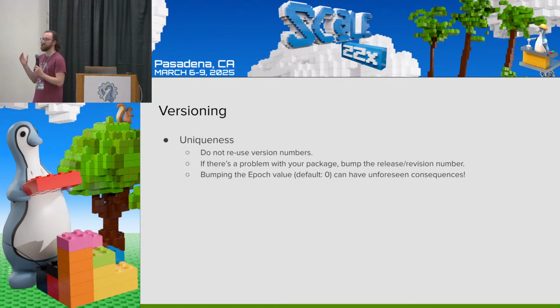Again, if you're packaging software that's outside of the software you're actually developing, just bump the release version. Start from 1, go to 2, etc. Now, there's another thing you can bump called the epoch value on the RPM side. The default is 0. Keep it 0.